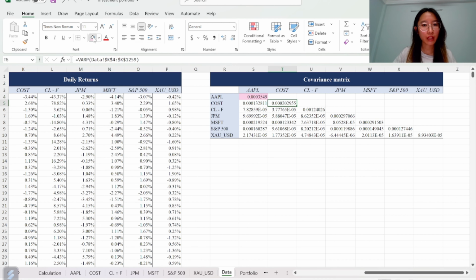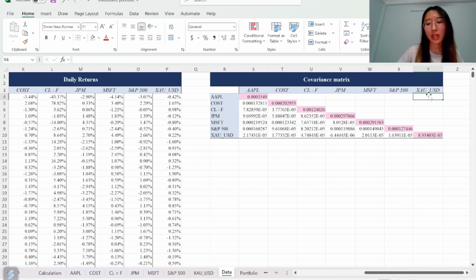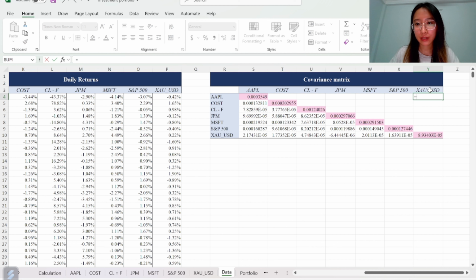I will highlight that first to be a bit more noticeable. And then we will fill all the empty cells, as we will use this matrix later on in computation. Here is the covariance between Apple and gold.